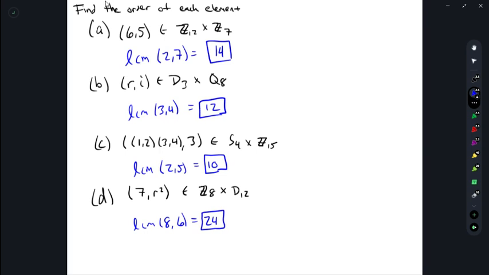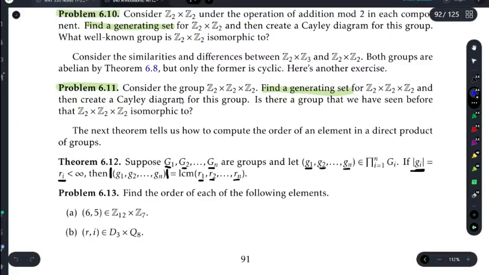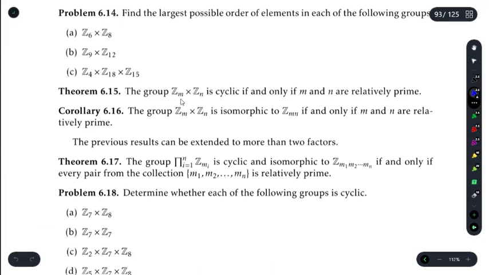So some things that you didn't write down, and you don't need to write down now, that you may or may not have noticed: if you take Zm cross Zn, so specifically these cyclic Z groups, that direct product is going to be cyclic if and only if m and n are relatively prime.